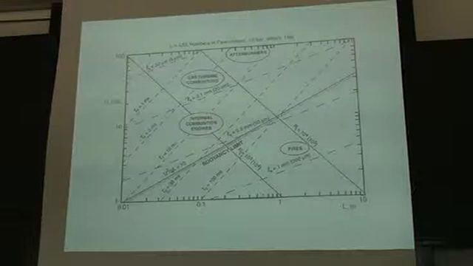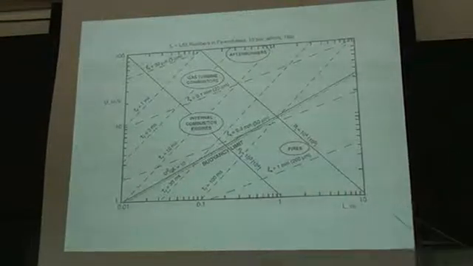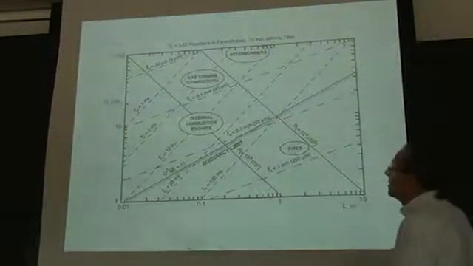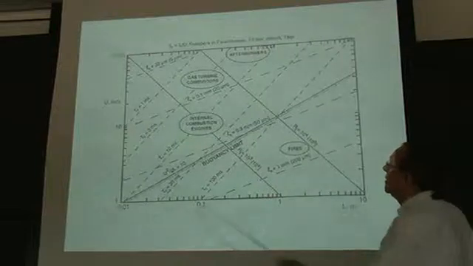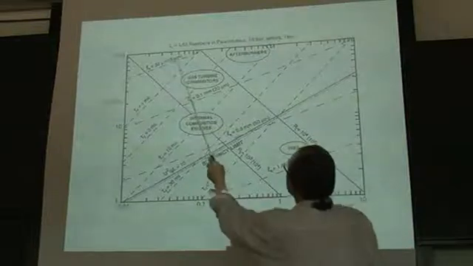So here is a regime diagram for turbulent combustion, with the mean flow velocity in meters per second vertically and the size of the combustor in meters horizontally. And there are lines on here corresponding to constant values of different properties.